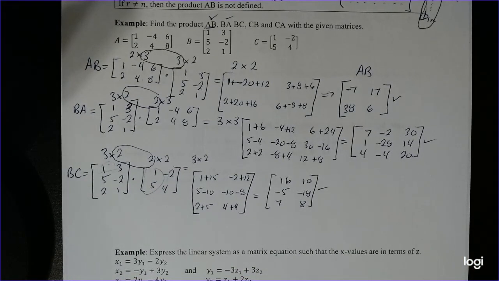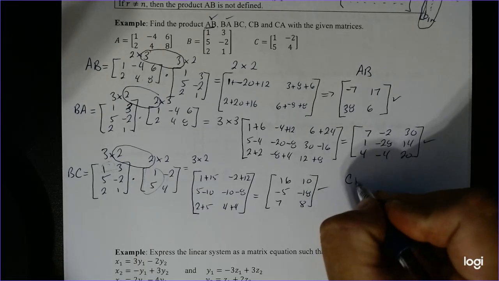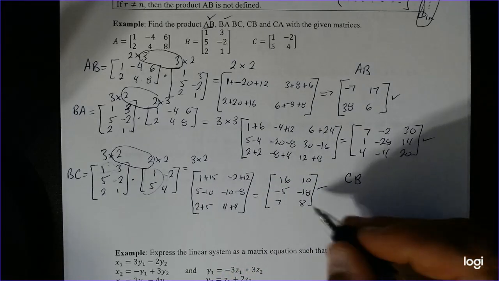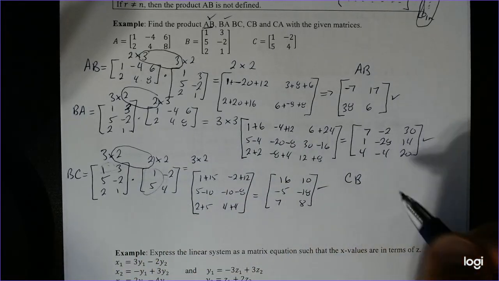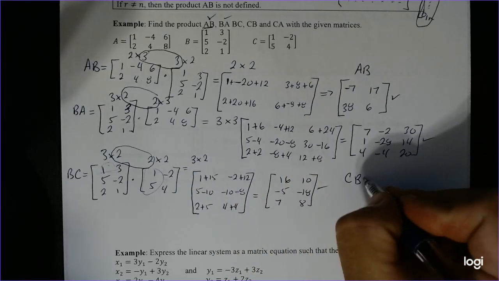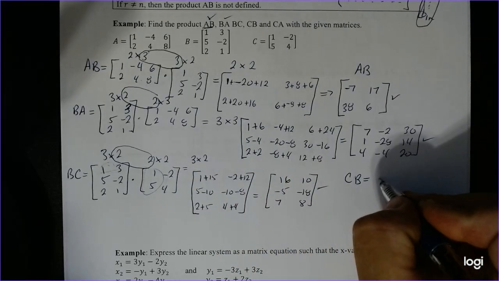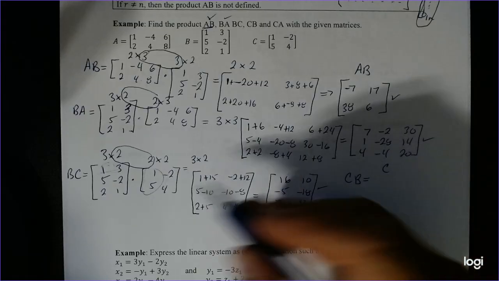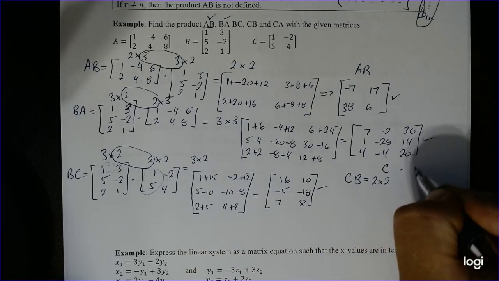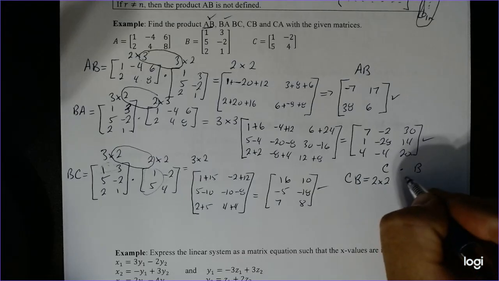Okay. All right, let's do CB. Now you may think this is a lot of work, right? So before we write everything down, let's see if it actually does work, right? Because some of these don't work. I'm just trying to trick you here. So CB, so C is a 2 by 2, and B is a 3 by 2.